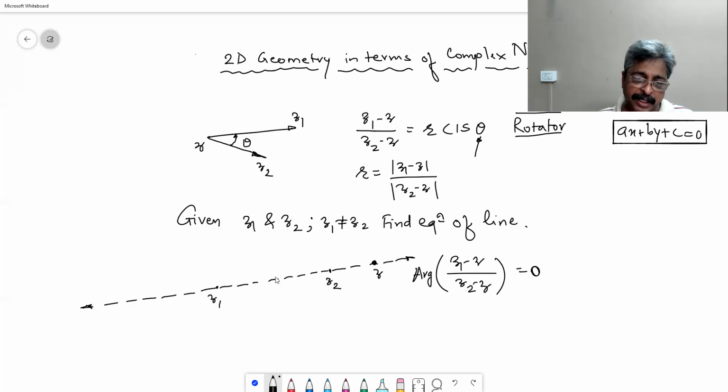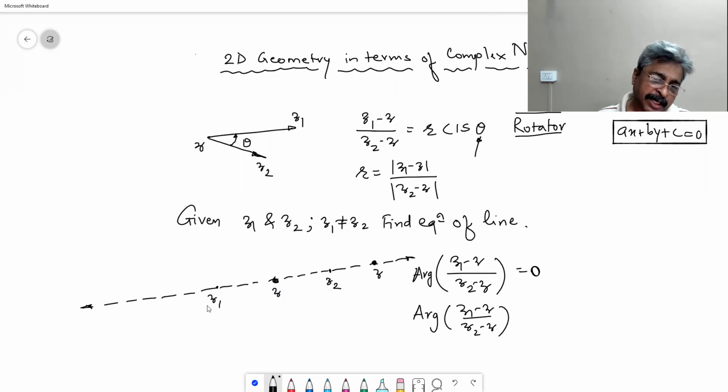And now if I consider z in between z1 and z2, then what is the argument of the same ratio, (z1 minus z) upon (z2 minus z)? z2 minus z becomes z1 minus z. Pi.